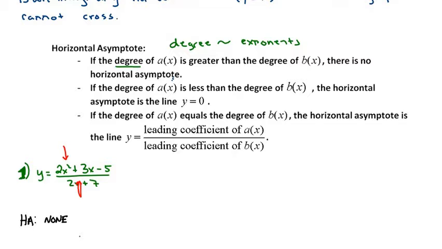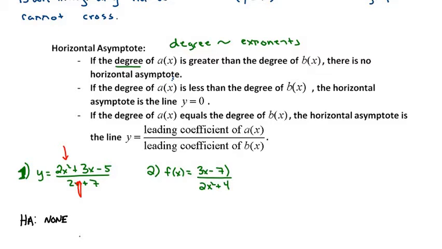Don't put 0 down, because if you guys notice on example number 2, if I write down f of x is equal to 3x minus 7 over 2x squared plus 4.